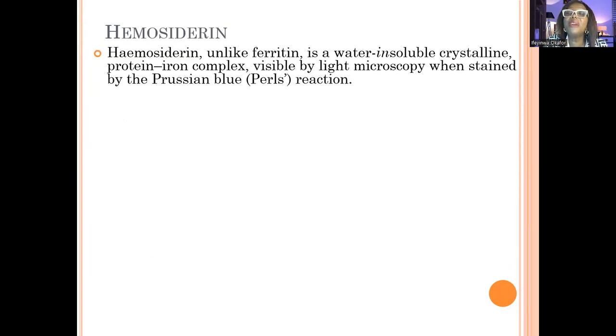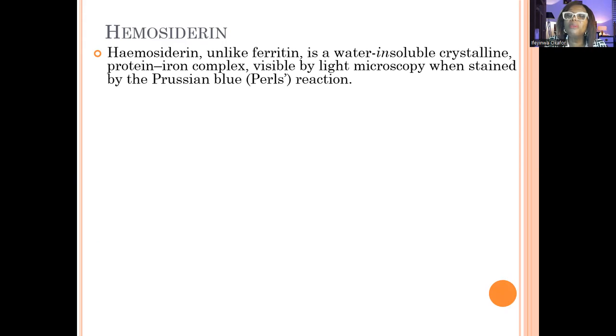Remember I said iron is stored in two forms, as ferritin and as hemosiderin. Ferritin is found in virtually all cells of the body, but predominantly in the liver and the spleen. A minute form of it is also found in the plasma.